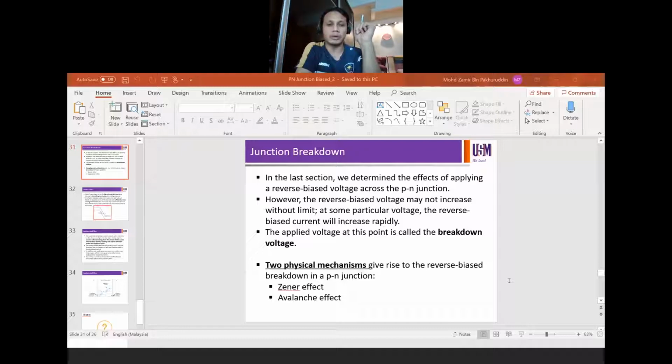So that means now your junction conducts in both directions. So this is where your reverse bias current will increase rapidly. The point where you start to see the huge increase in the current in the reverse direction is called breakdown voltage. And there are commonly two physical mechanisms that can cause the junction breakdown in the reverse direction.